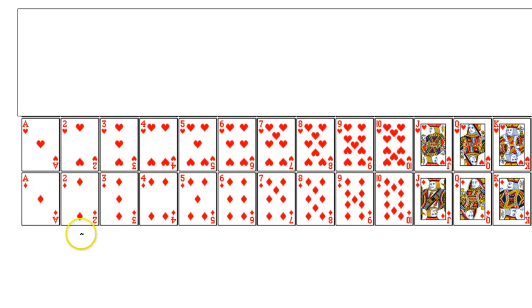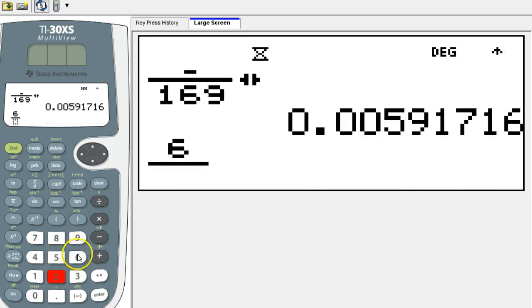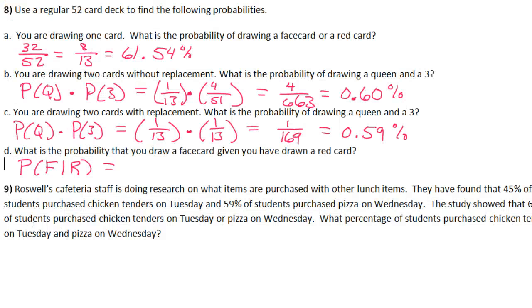So in this universe, there are 6 face cards, as you can see, out of a total of 26 cards. 13 cards per suit, half the deck. So it's 6 out of 26, which reduces down to 3 out of 13. So that is the probability.